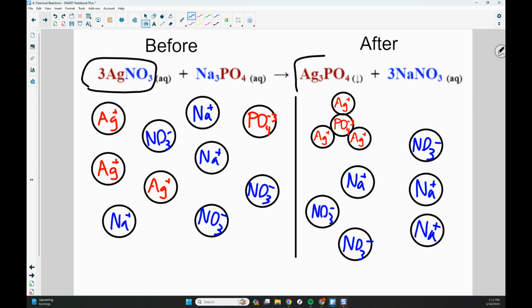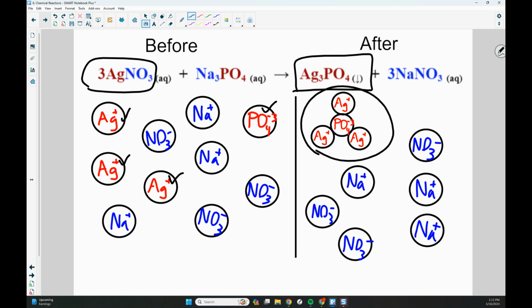Only the ones that come together to form the solid, the silver phosphate, actually do anything. And I color-coded those red up here on both sides. So the three silver ions right here, here, and here, combined with the phosphate to form one molecule of silver phosphate.